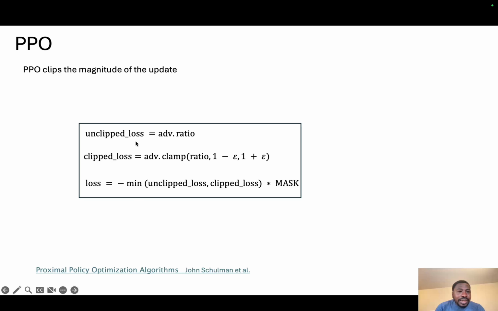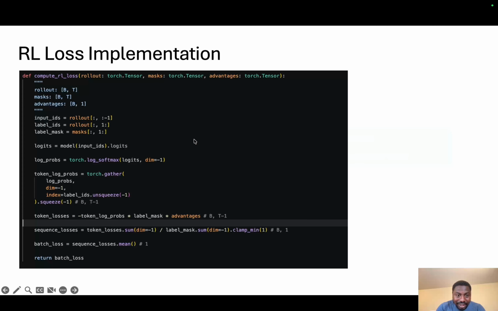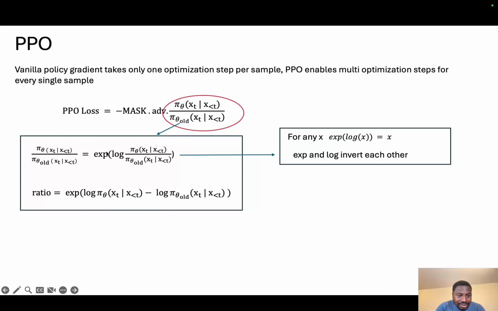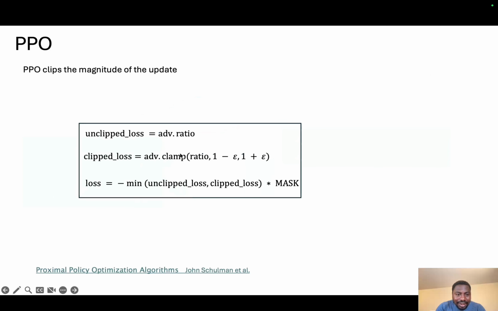PPO also includes an additional clipping, where you have the unclipped loss as the advantage multiplied by the ratio, and then you have the clipped loss as the advantage multiplied by a clamp of the ratio from 1 minus epsilon to 1 plus epsilon.